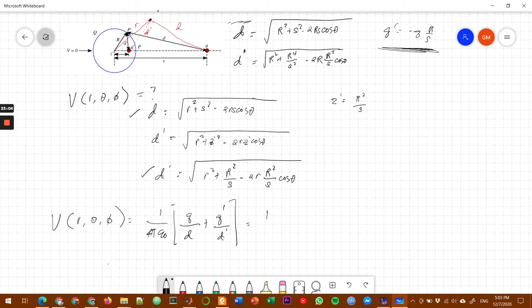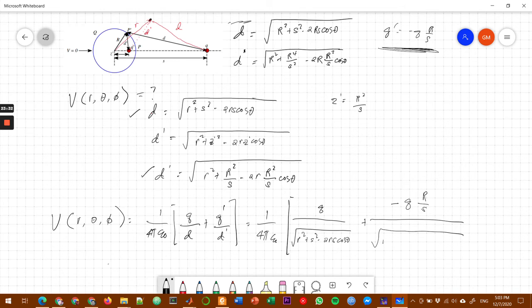So you have q over the square root of r squared plus s squared minus 2rs cosine theta, plus, so q prime is negative q r over s, then I have r squared plus r to the fourth over s squared.